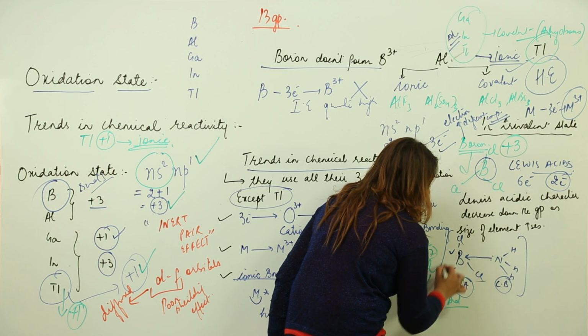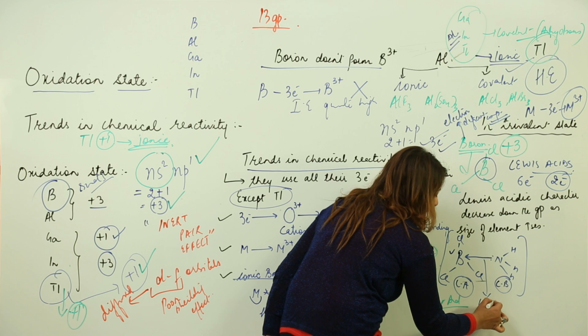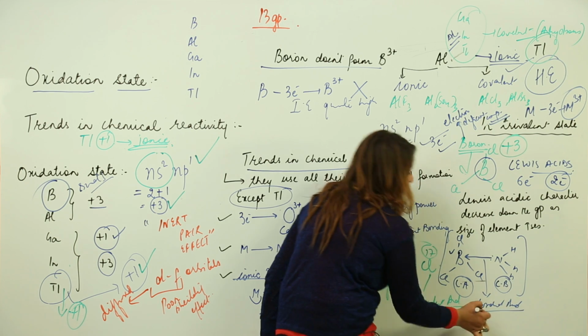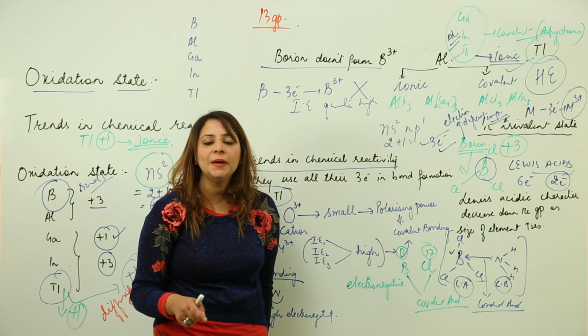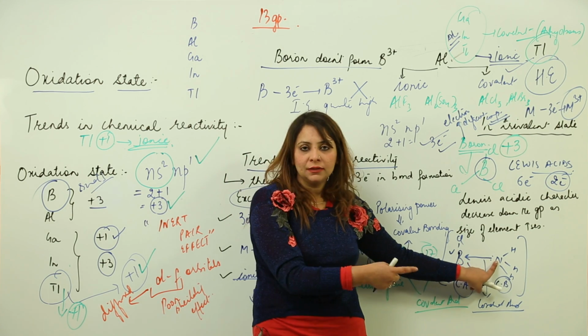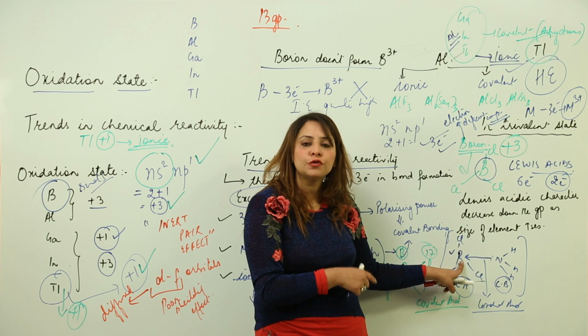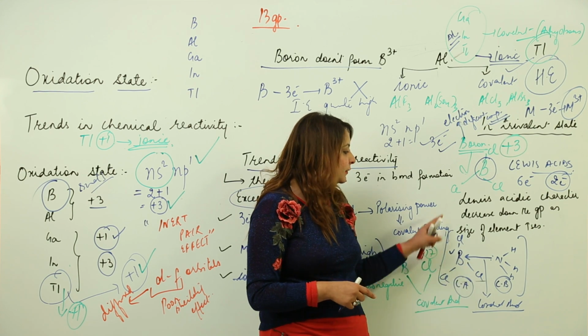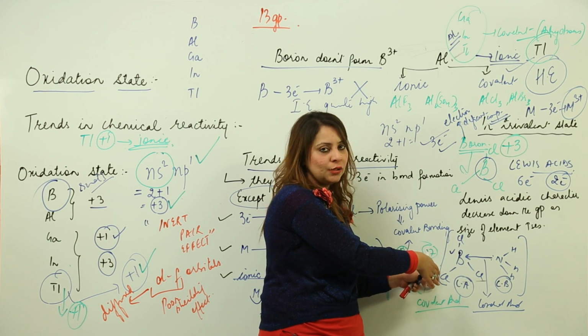What kind of bonding is this? This is a coordinate bond. Whenever a bond is formed between a Lewis acid and a Lewis base, it is a coordinate bond, because the electrons are contributed only by one compound and the other is deficient in electrons.